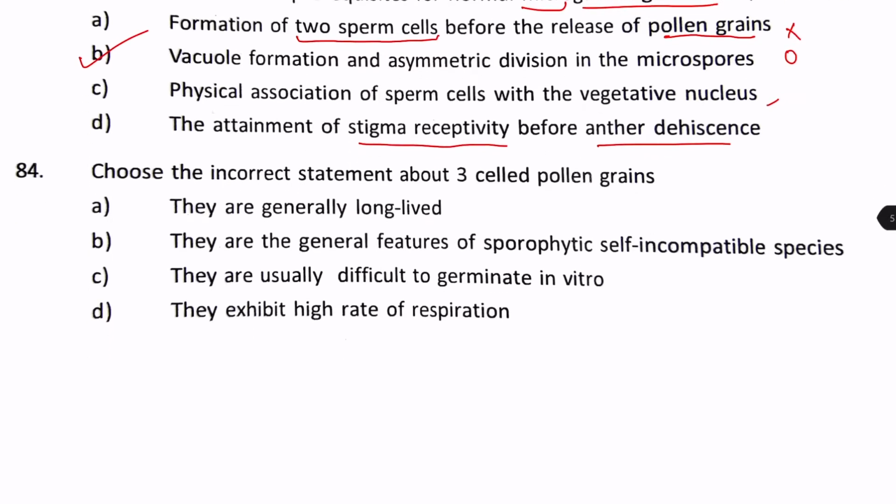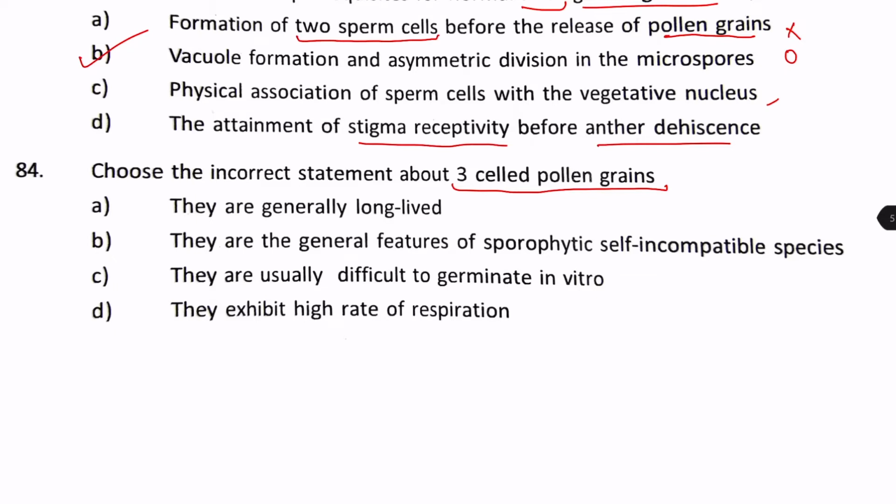Okay, next question. Choose the incorrect statement about three-celled pollen grains. So what are these three-celled pollen grains we are talking about? The vegetative nucleus and the two male gametes, right? So they are generally long-lived. No, that is not the incorrect statement we are looking for here.